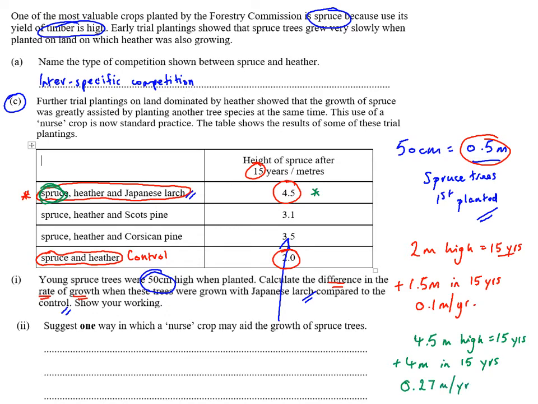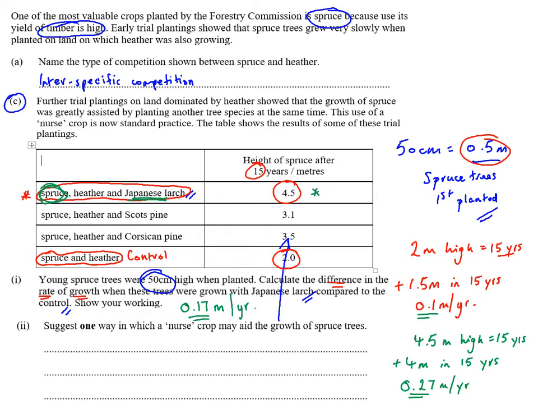So we've gone from the control at 0.1 meters per year to 0.27 meters per year. So the difference here is 0.27 minus 0.1, and that gives us 0.17 meters per year difference in growth. This is the difference in growth because of the presence of Japanese larch.